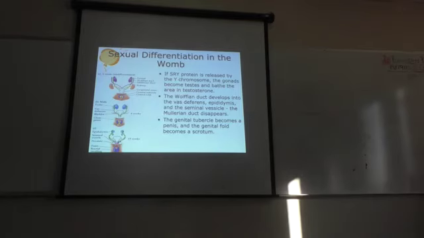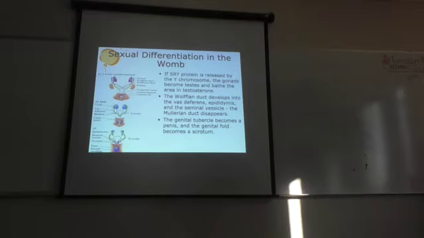Once the testes are produced, now we've got this massive amount of testosterone splashing through this individual's system. The Wolffian duct develops into the vas deferens, the epididymis, and the seminal vesicle. The Mullerian duct disappears.